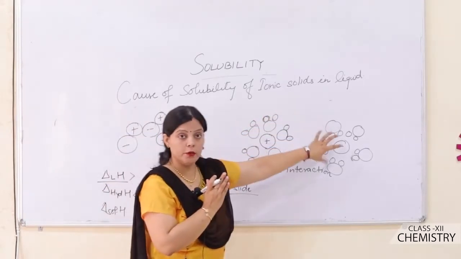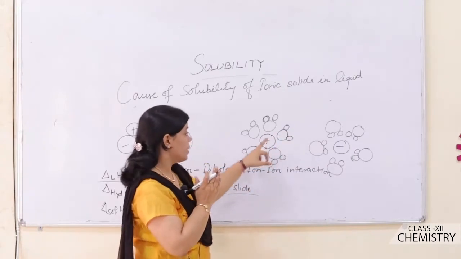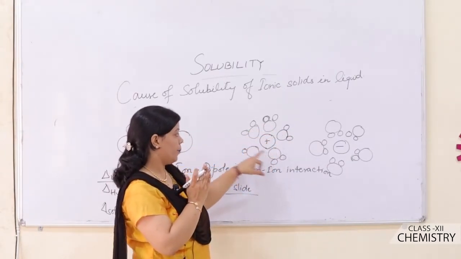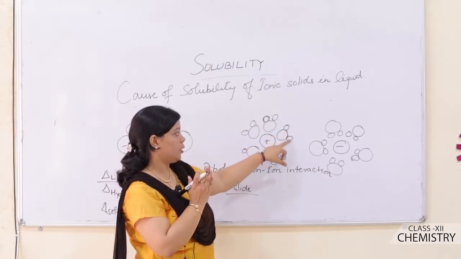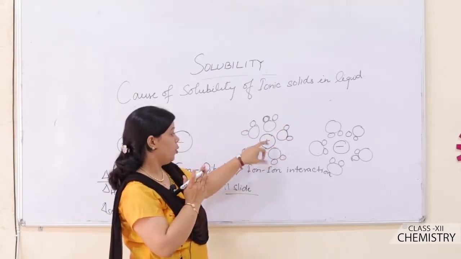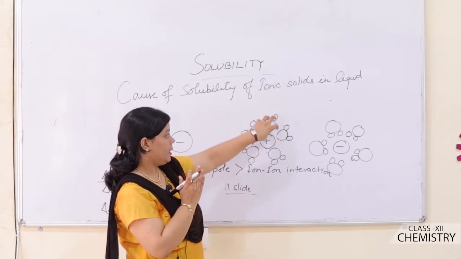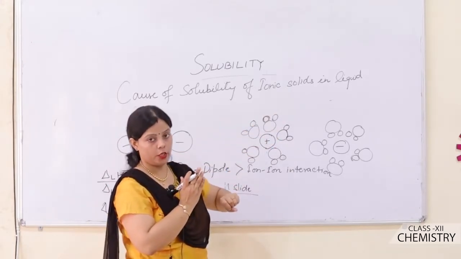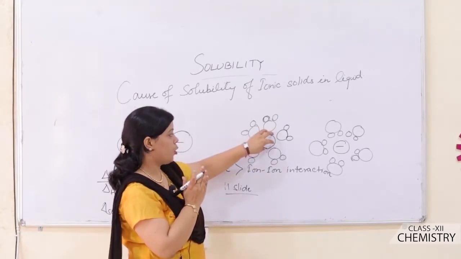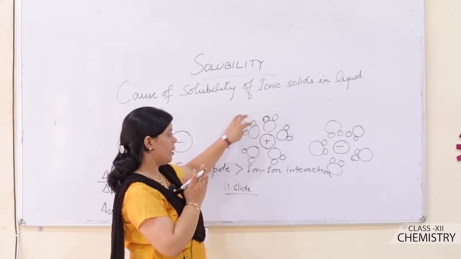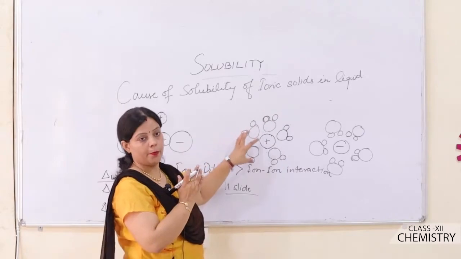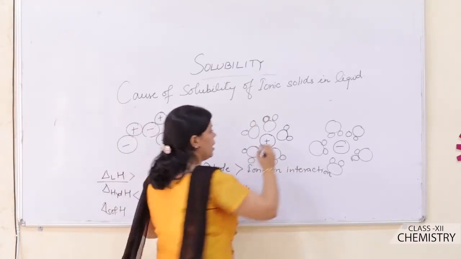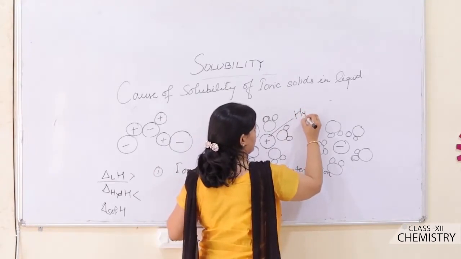This is the picture from which you can clear your idea. This is the positive ion and this is the negative pole of the water dipole. This is the O negative, and these are the two H plus, H plus. So this is the positive ion and it is attracted by the opposite pole of the water dipole, meaning the positive ion gets surrounded by the water dipoles. Such ions are named hydrated ions.